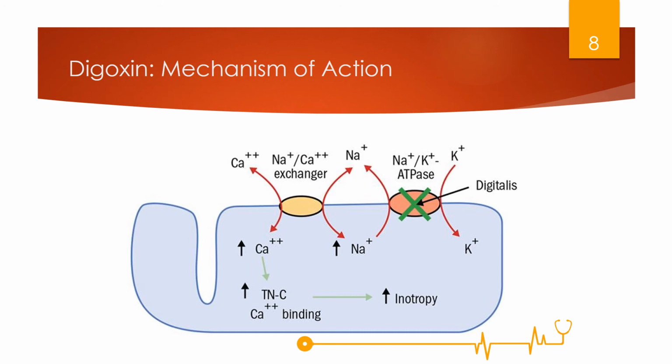The sodium calcium exchanger works on sodium moving in and out, so there is an increase in calcium level and sodium level inside the cell. The sodium potassium ATPase helps to let potassium inside the cell, and this whole process leads to increased inotropy, which means decreasing tachycardia and increasing cardiac output.